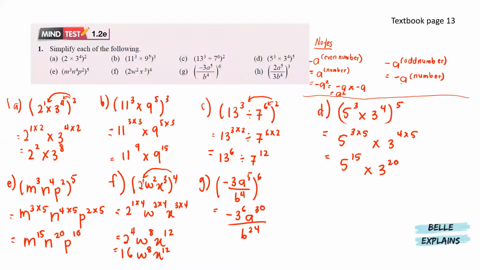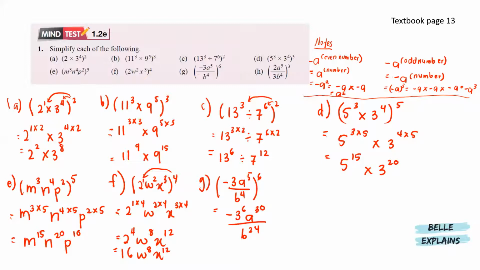As for this one, if for example we have negative a to the power of 3, it means negative a times negative a times negative a. So negative and negative gives us positive, positive and negative gives us negative. So that will give us negative a to the power of 3.